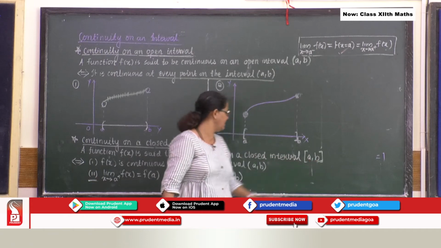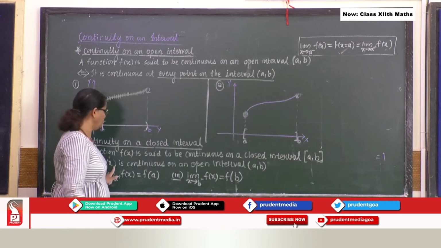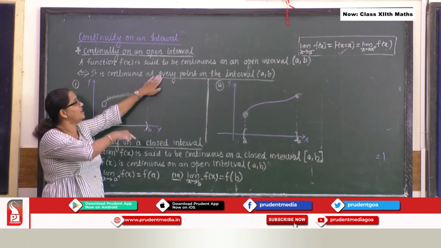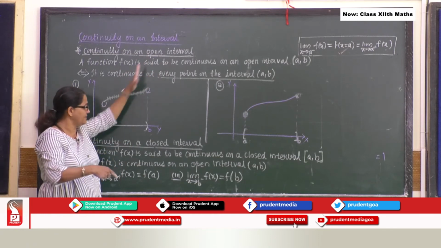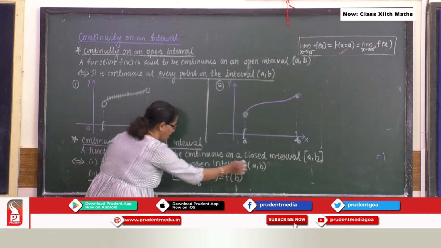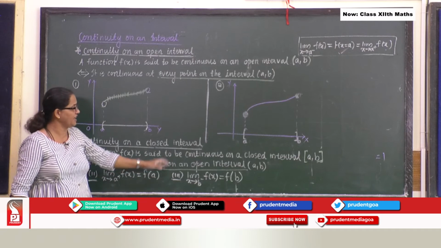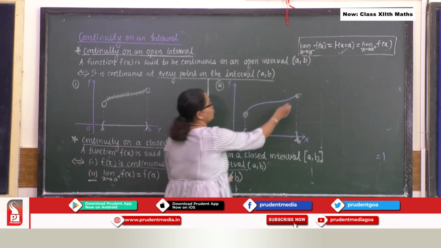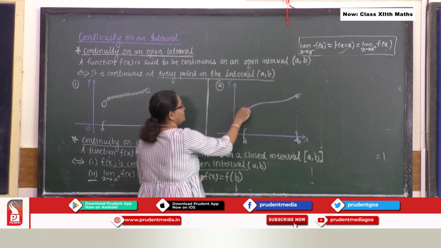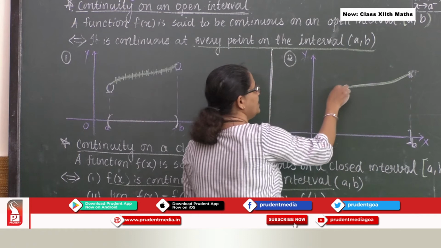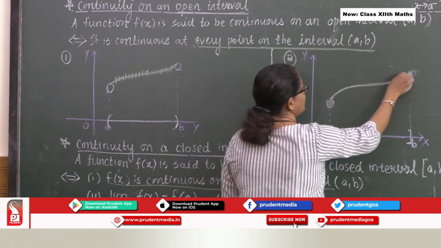See, closed interval a comma b, if and only if the first condition, whatever is happening here in the open interval, the same needs to hold true. You can see here, f of x is continuous on an open interval. Basically what they are saying is, the given function is continuous at all these points which are present on this curve.